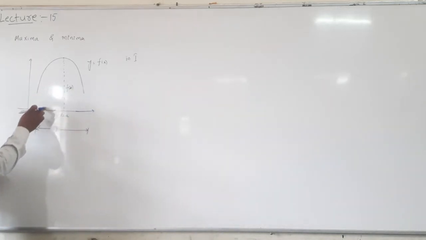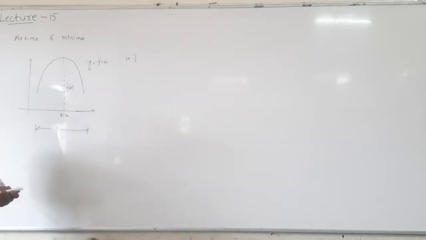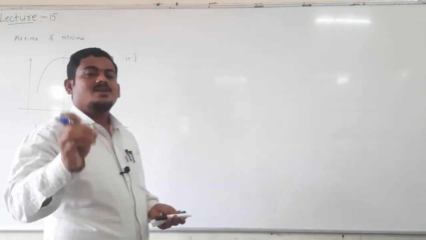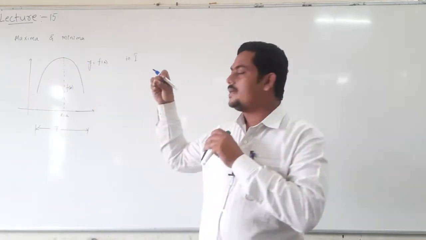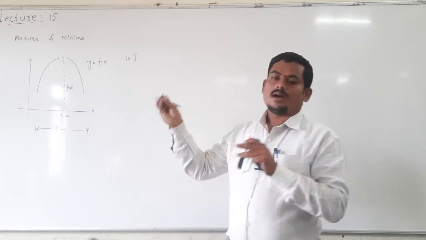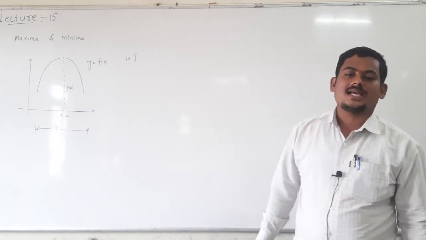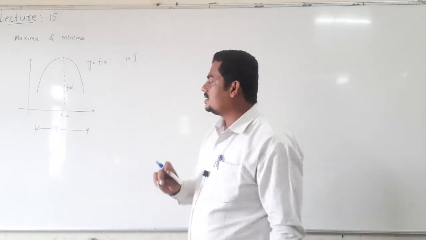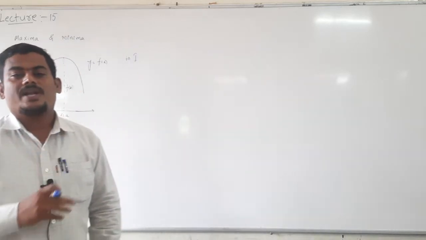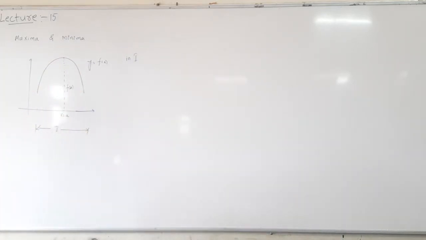All the remaining functional values are less than f of a when you take x value less than a or more than a. For all the values of x from the given interval I, functional values are less than f of a. So, f of a is known as the maximum value of the function. Take its definition.